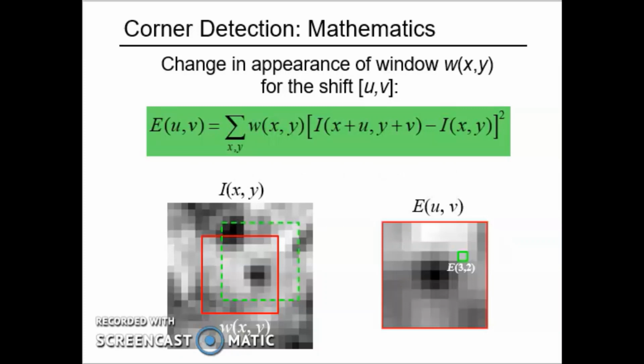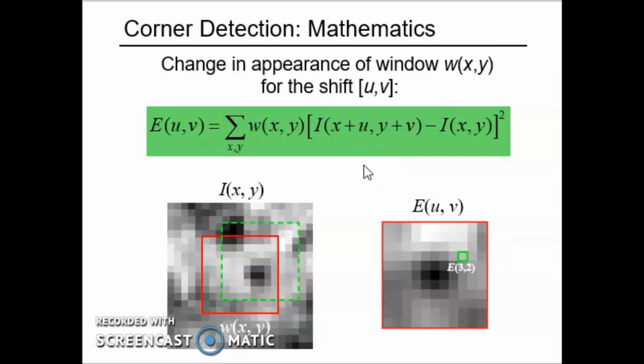Now, the important question is how can we emulate the presence of corners in an image? How can we detect that? So let us consider the small mathematical equation where we are trying to calculate E of uv. W is a window. This window is represented by this red block. I of xy is the image intensity, and I of x plus u and y plus v is basically the shifted image intensity.